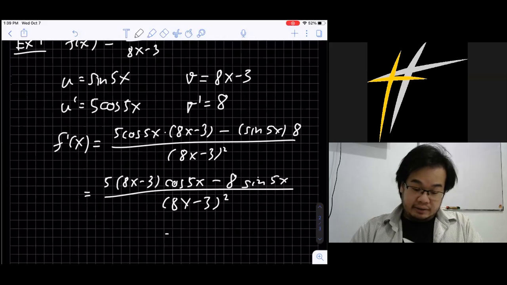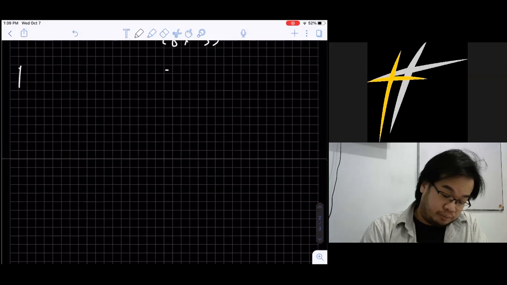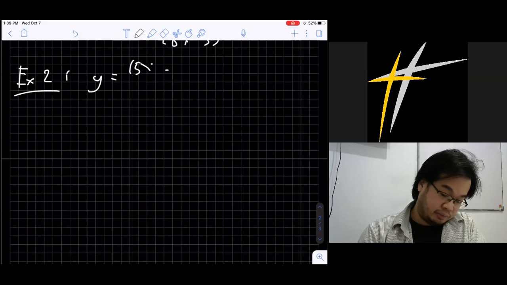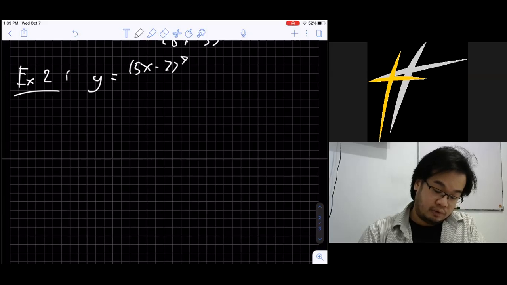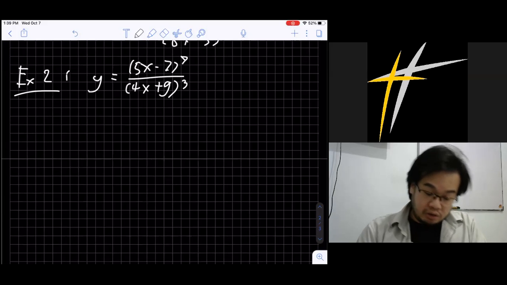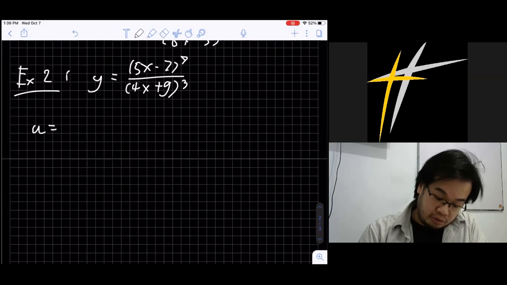And then let's see example 2. Example 2, differentiate y equals (5x minus 7) to the power of 7 over (4x plus 9) to the power of 3. Okay, so again, determine u, which is equal to (5x minus 2) to the power of 7.